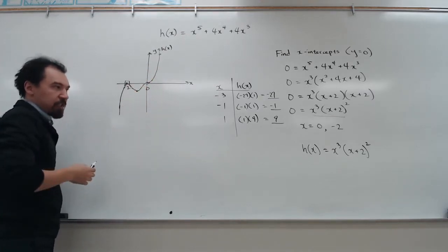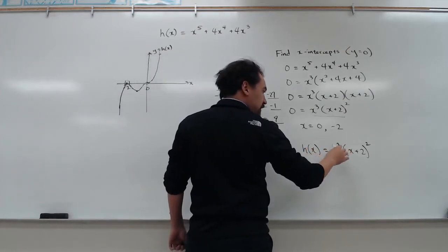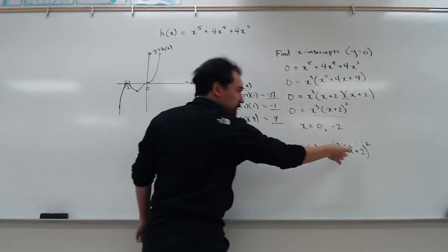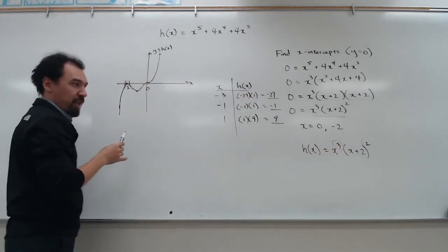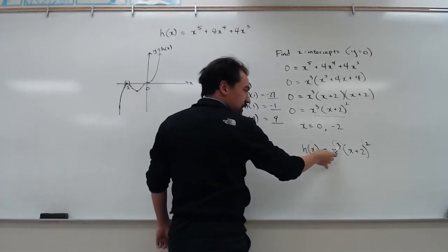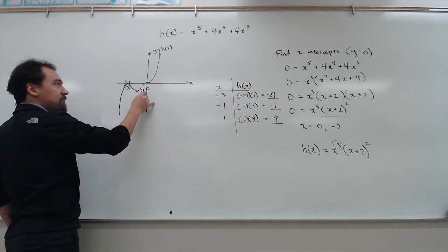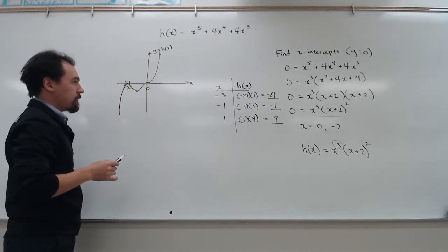And it turns out this behavior, like I hinted before, is based on these powers over here. So last time I said if the power is 2 or even, I'm going to get some kind of touch and turn behavior. And this time, instead of a power of 1, we have a power of 3. And evidently that causes this flatten out and then go through behavior.